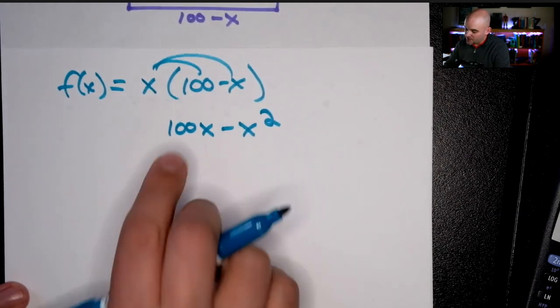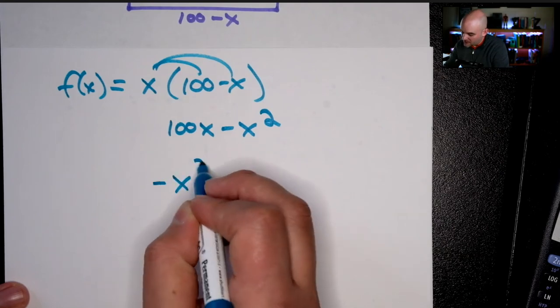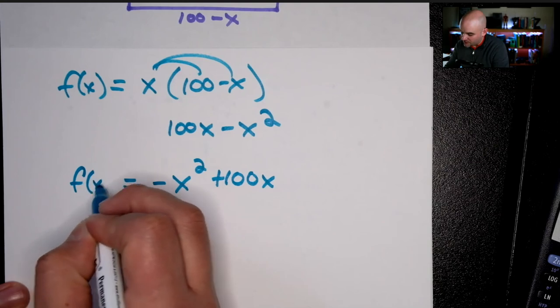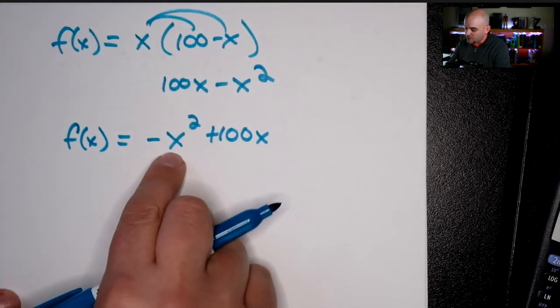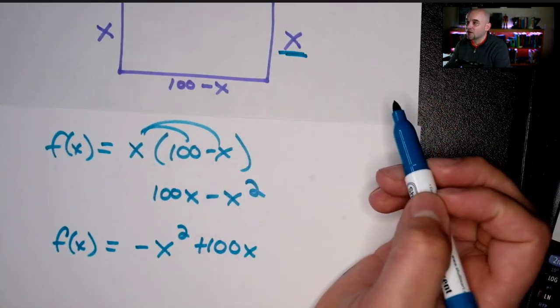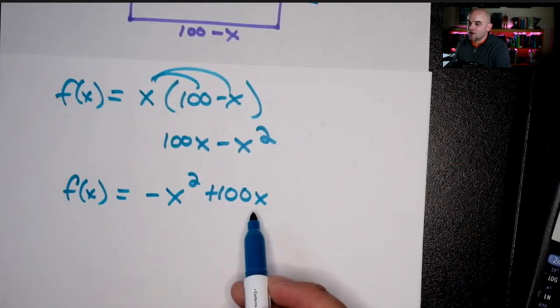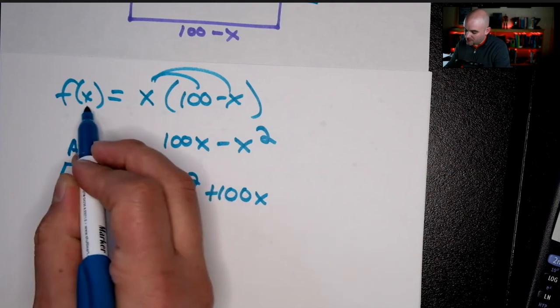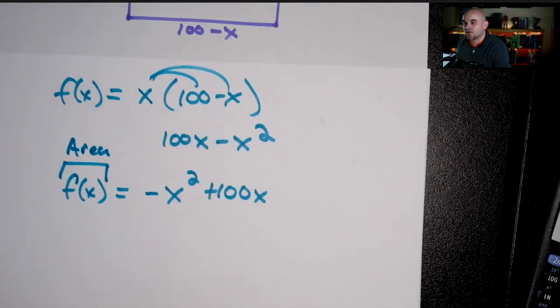And I can put it in standard form, and I get negative x squared plus 100x equals your function for that. So you give me this side length right here, and I can tell you what the area is. Notice the f of x right here is standing for area because we made it equal length times width.